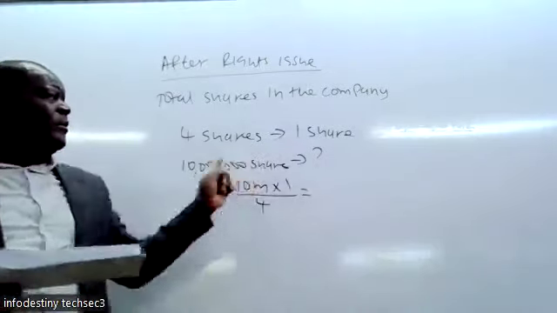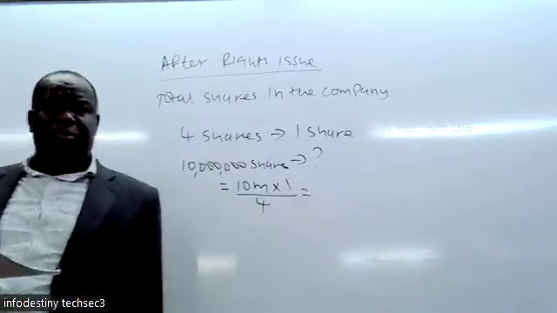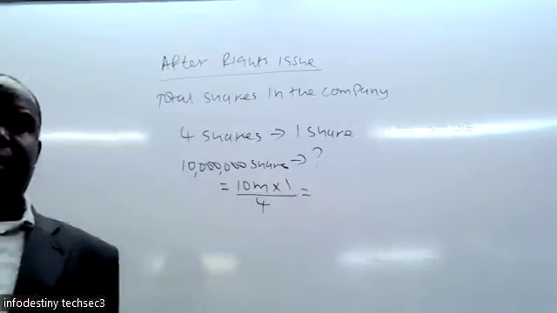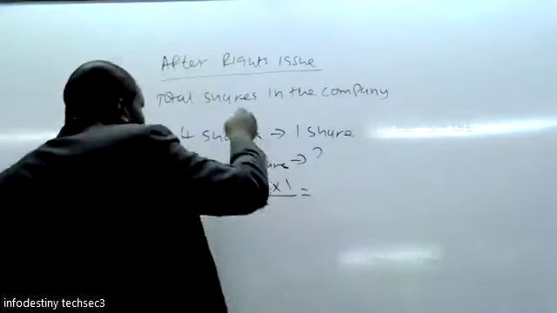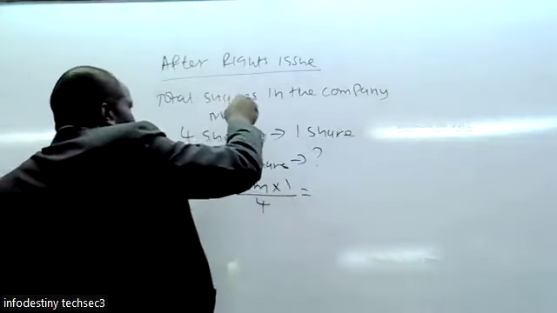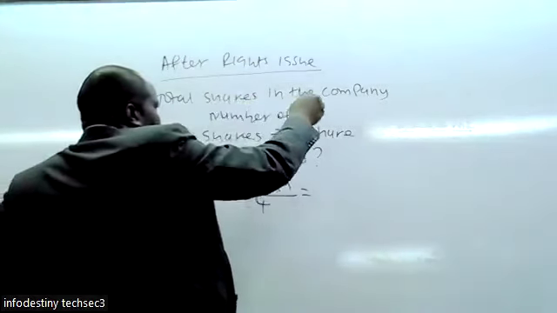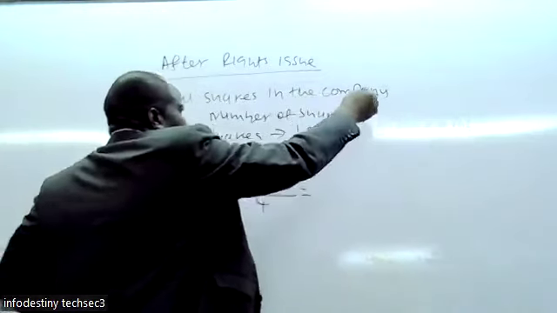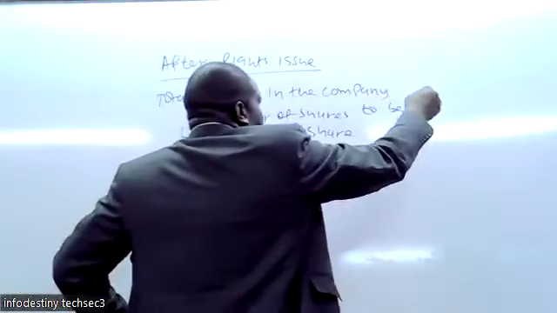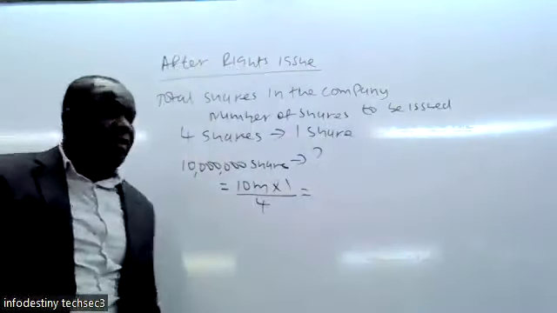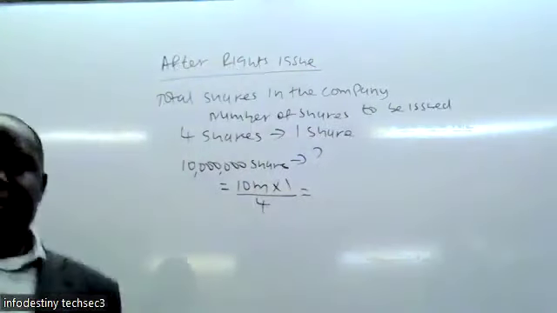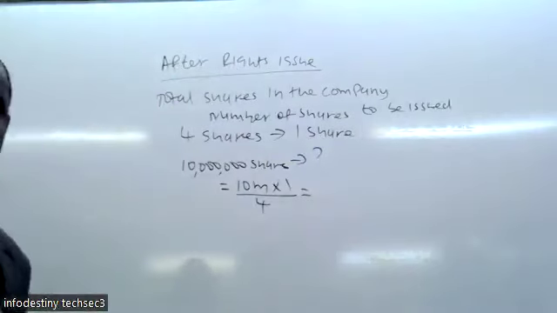What I'm computing here is the number of shares to be issued. So when you cross multiply, what are you coming up with?